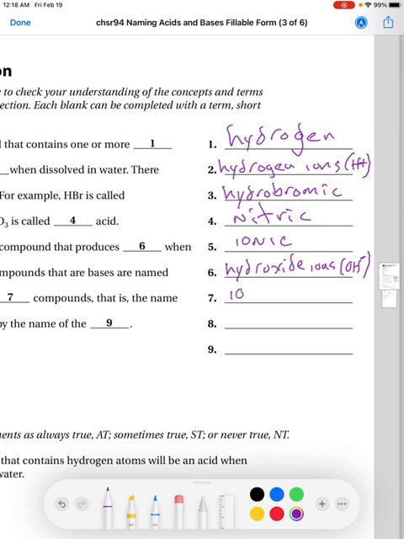Bases are named in the same way as other ionic compounds, and that is the name of the cation followed by the name of the anion. And of course, to be a base, this anion must be the hydroxide anion.